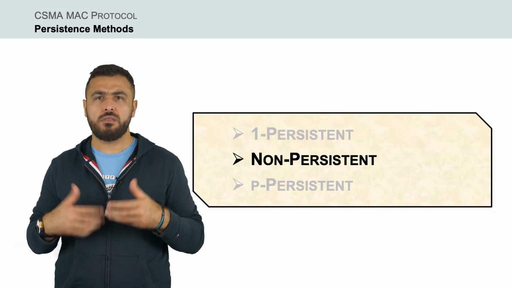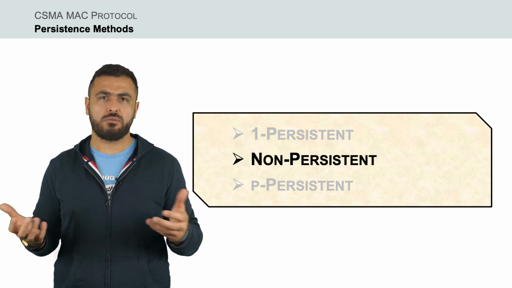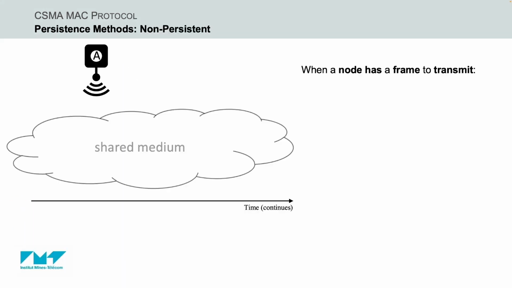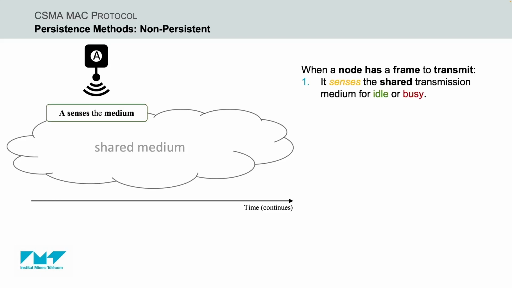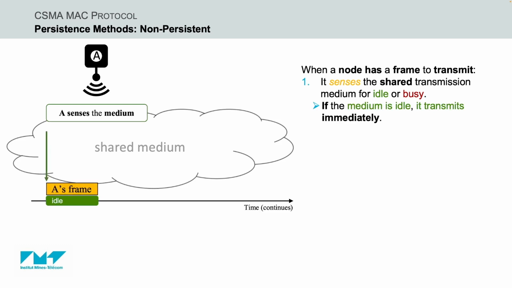Next, we have the non-persistent CSMA method. Under the non-persistent method, when the transmitting node has a frame to transmit, it senses the shared transmission medium to check if it is in an idle or busy state. If the shared medium is idle, the node transmits its frame immediately.